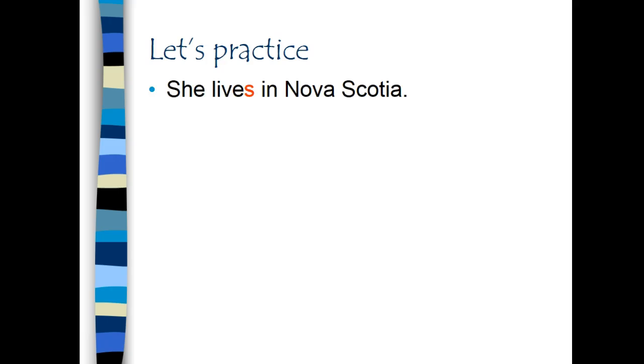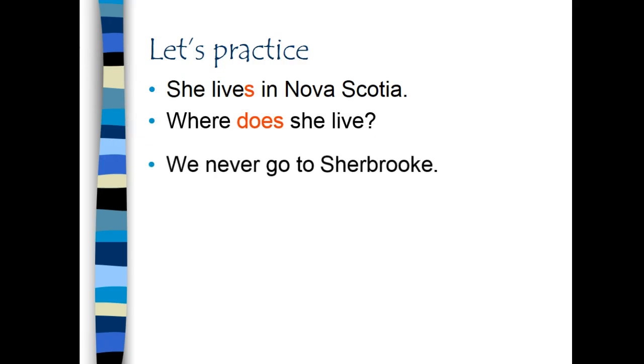Let's practice. She lives in Nova Scotia. There is an S on my verb, so I need an S on my auxiliary. Where does she live? We never go to Sherbrooke. There is no S on my verb, so I'm not going to put an S on my auxiliary.